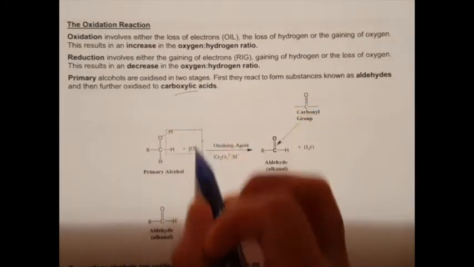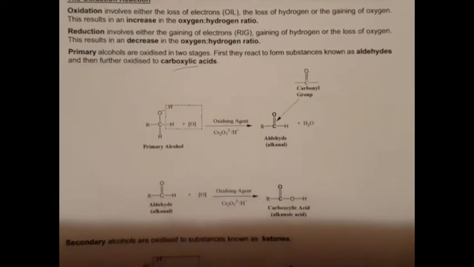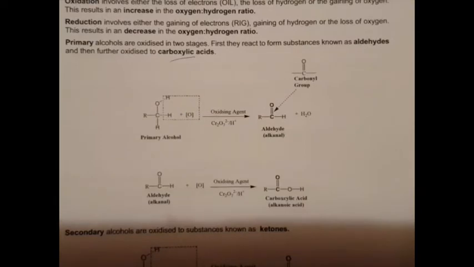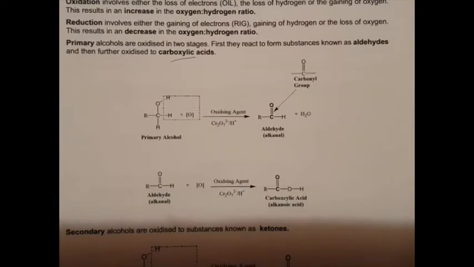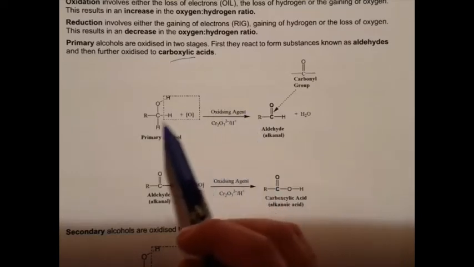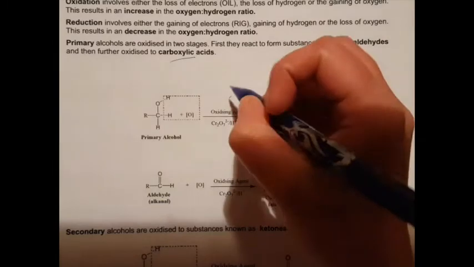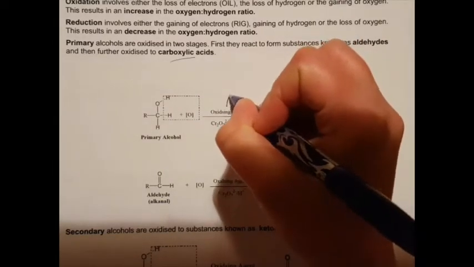So we're going to look at how this reaction happens, or at least the basics of how this reaction happens. So if you remember on the previous page, we mentioned that when we're reacting alcohols with these oxidizing agents, we can think of the oxidizing agent as a source of oxygen.